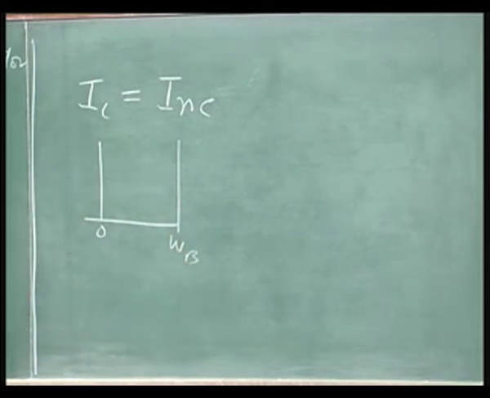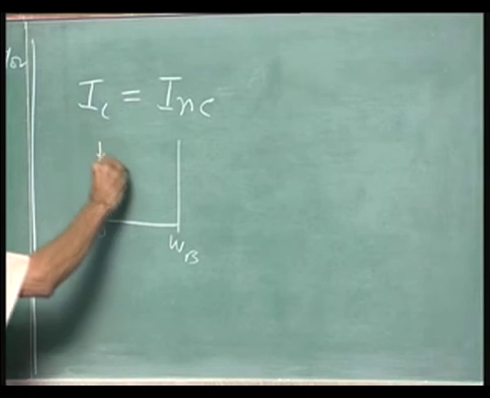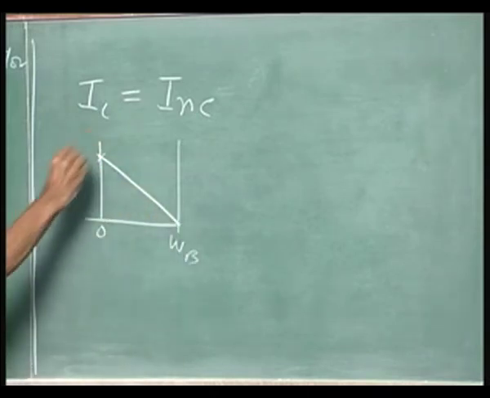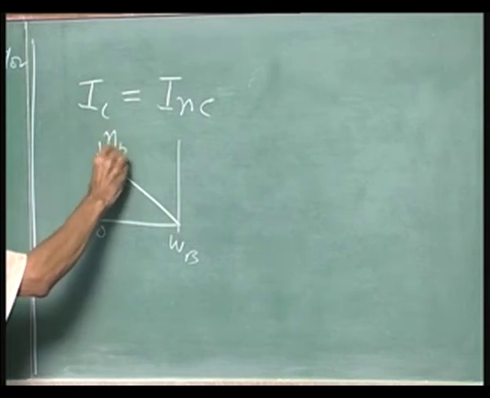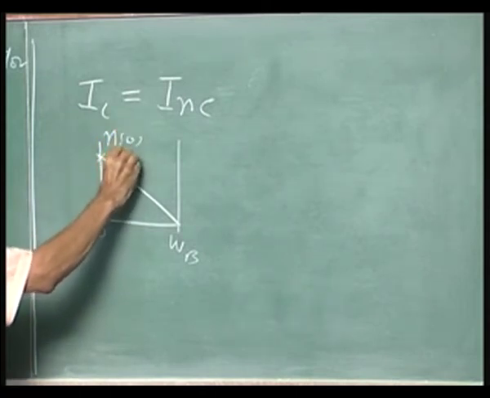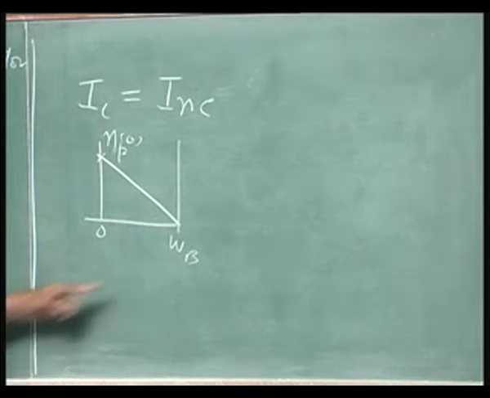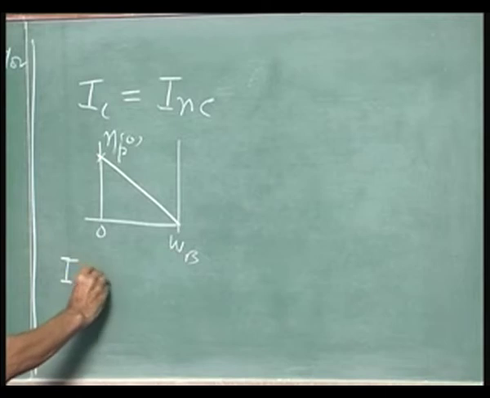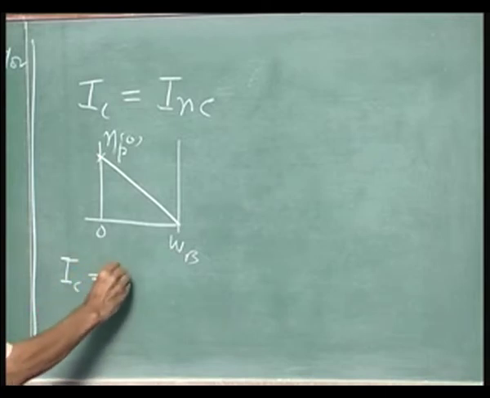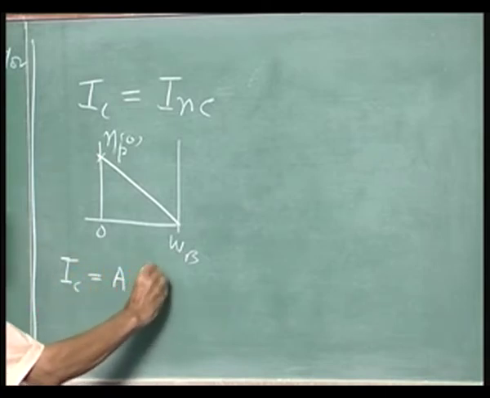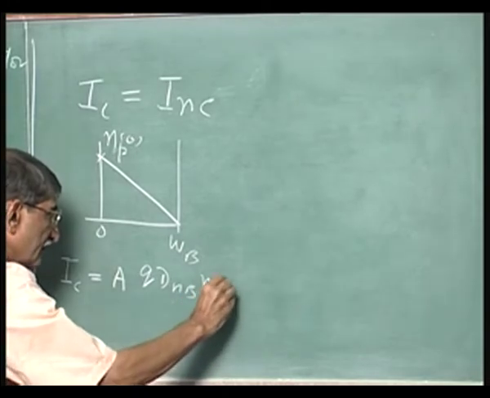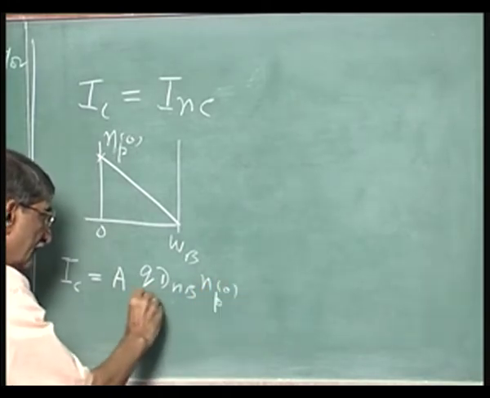Let us consider a uniformly doped base region for simplicity, with NP0 the electron concentration at x equal to 0, and 0 at WB. So IC therefore is equal to area Q DNB into NP0 divided by WB.